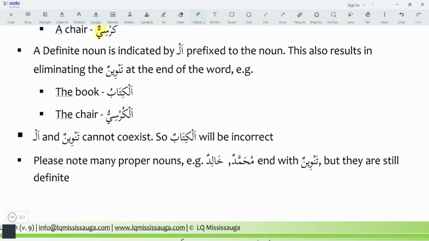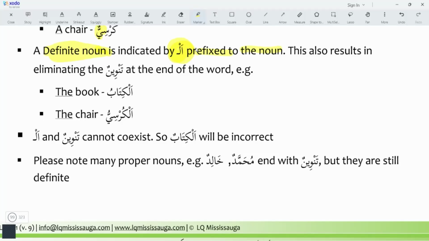Next, a definite noun is indicated by alif and lam. We call it al, prefixed to the noun.